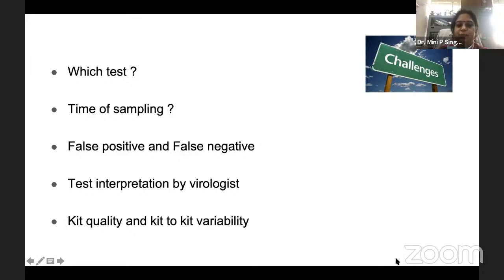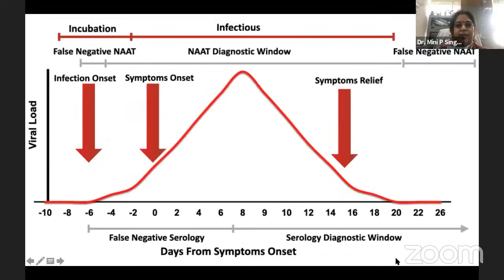By the last 2 points, what I am trying to emphasize is that the expertise of the person who is actually testing and reporting the test is very, very important, because this is not a very clear-cut test in the sense that anybody can say this is positive or negative. Other than looking at some of the absolute values, there are some relative values also which you need to address, and this I will be sharing subsequently.